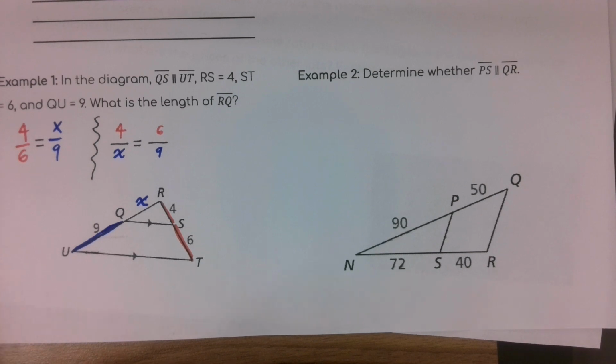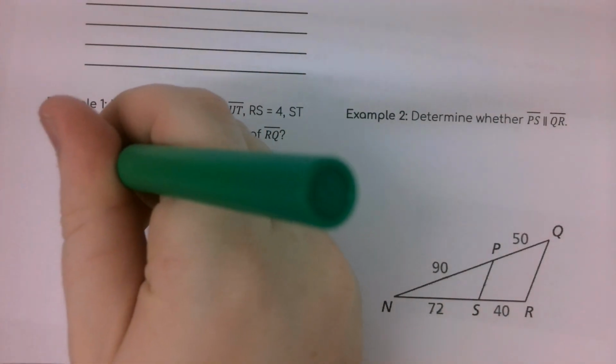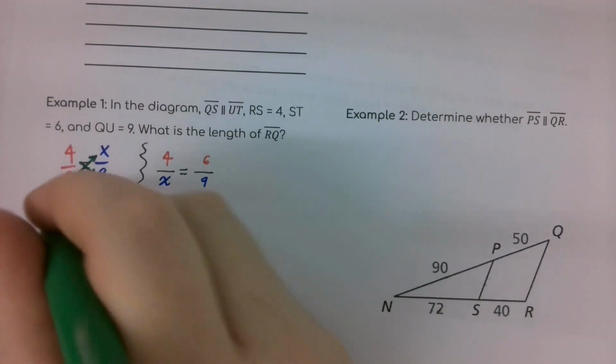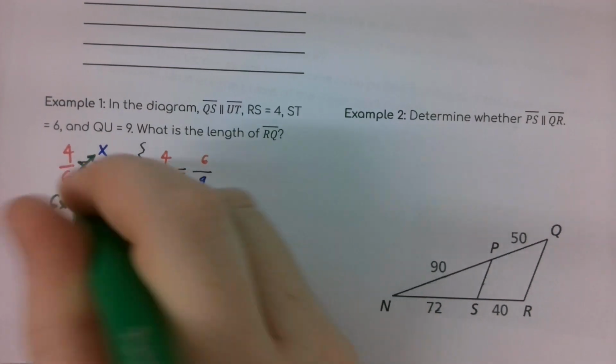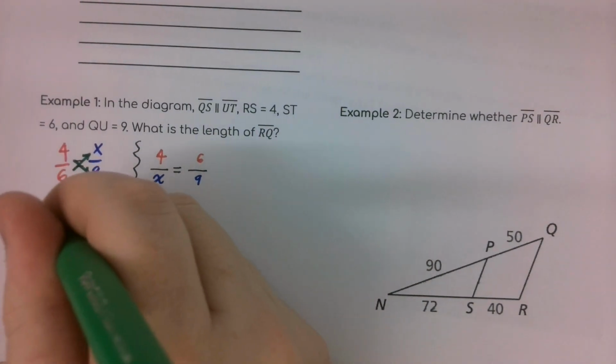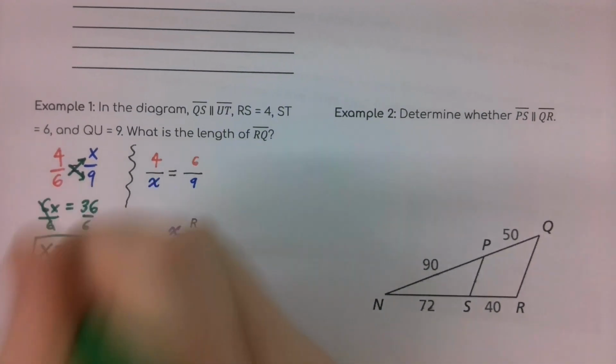So let's talk about solving proportions, since it's been a minute for some of us. Anytime you have a proportion, we can cross multiply to solve. So 6 times x is 6x, 4 times 9 is 36, and then we know that we can just divide by 6, x equals 6.